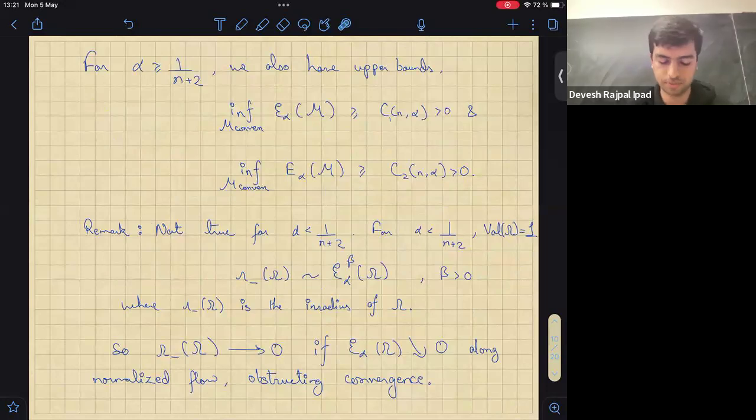Okay, so for super-affine powers, for alpha bigger than or equal to 1 over n plus 2, we also have lower bounds on these entropies.